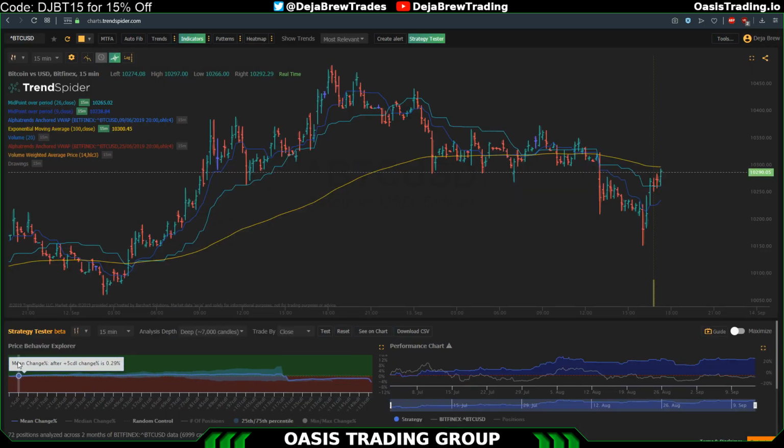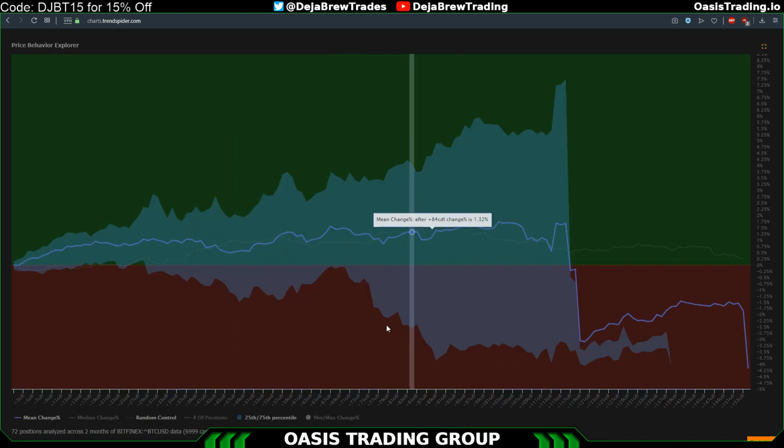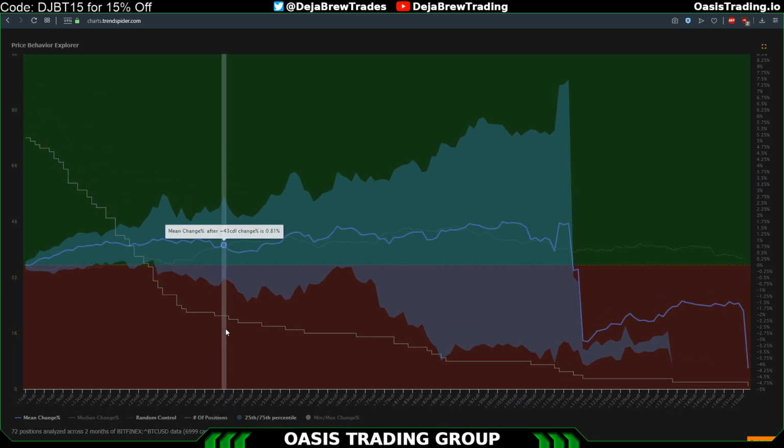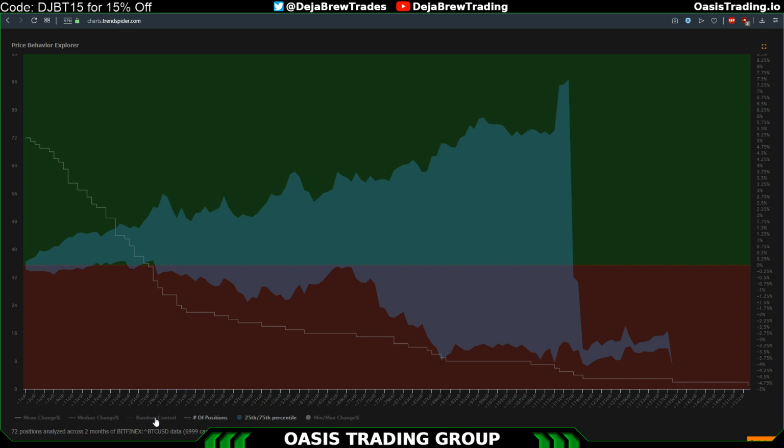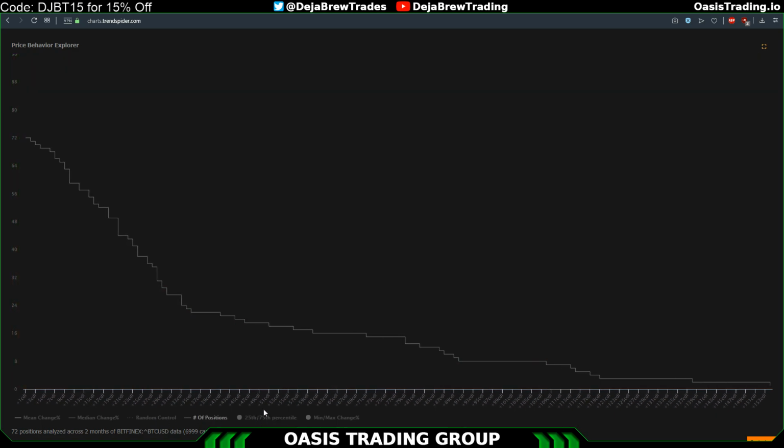Now, another thing you can use here on the price behavior, this is a little confusing at first glance. But if you go down here, you can look at how many positions are taken and what is the average number of candles that position holds on to before it closes. So let me close everything else. So as we can see here, we took 72 positions. The majority of the positions did not run for more than, let's say, 35 candles.